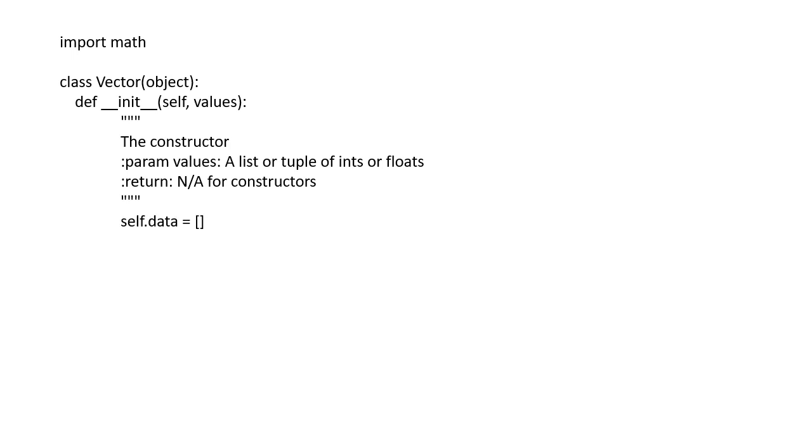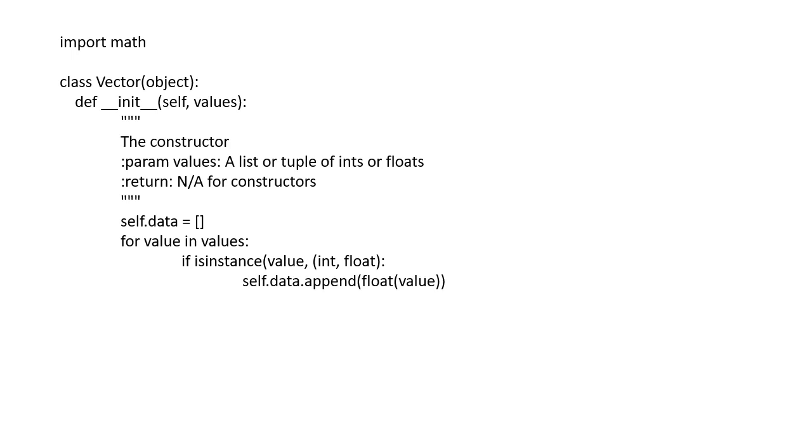So we start off with an empty list that contains the data of our instance of the vector class. And we will go through each of the values, and if that value is an int or a float, then we will append it to self.data, but we will only do that appending after we've converted the value to a float. So if it was an int, we go ahead and convert it to a float. Of course, if it's a float, it will remain a float.